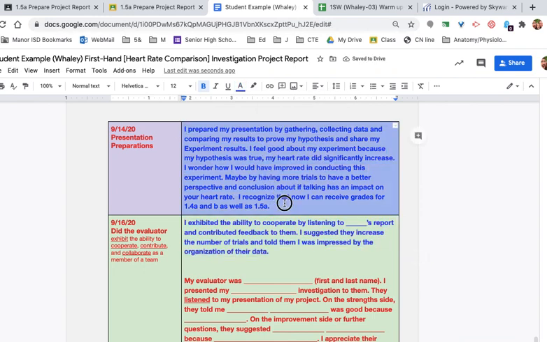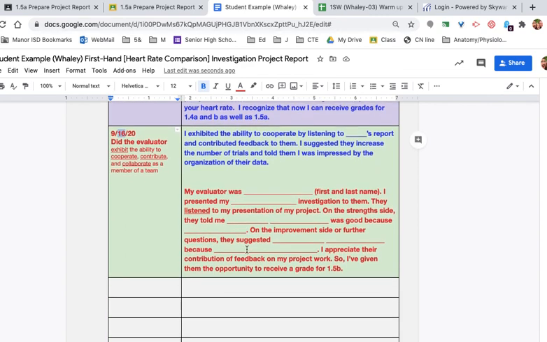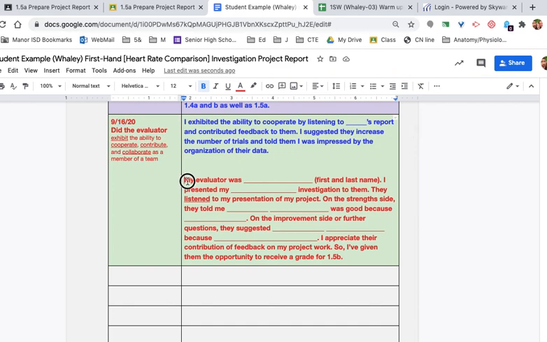And for doing that, there's a grade and there's a grade for those 2 workday dates. If you don't have a grade for those, you best get on that and show that to Mr. Whaley. The next one is going to be doing a proper evaluation, and you can do your evaluator reflection right here, 9/20/20.